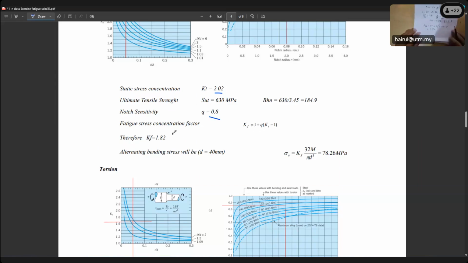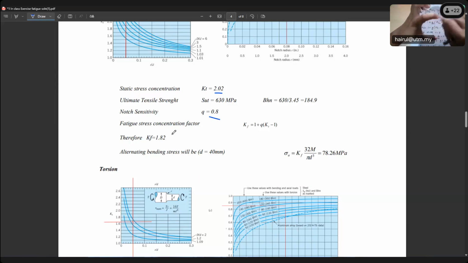Look here. This KF 1.8 must be multiplied with your bending stress. KF bending must be multiplied. Because you have a notch at the shoulder, the stress distribution is extended much longer.